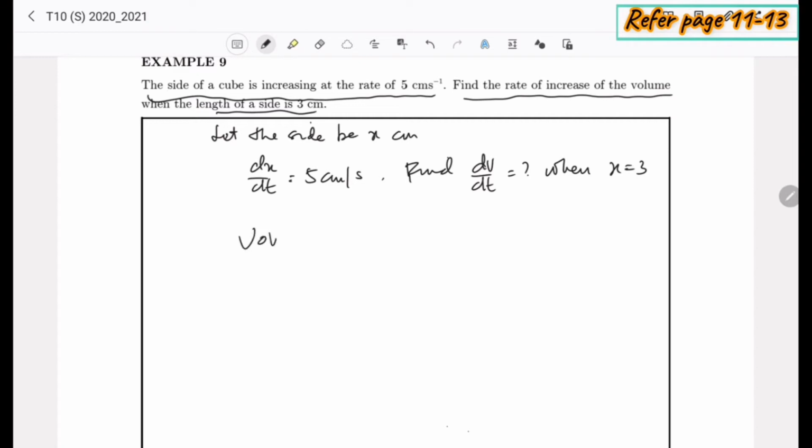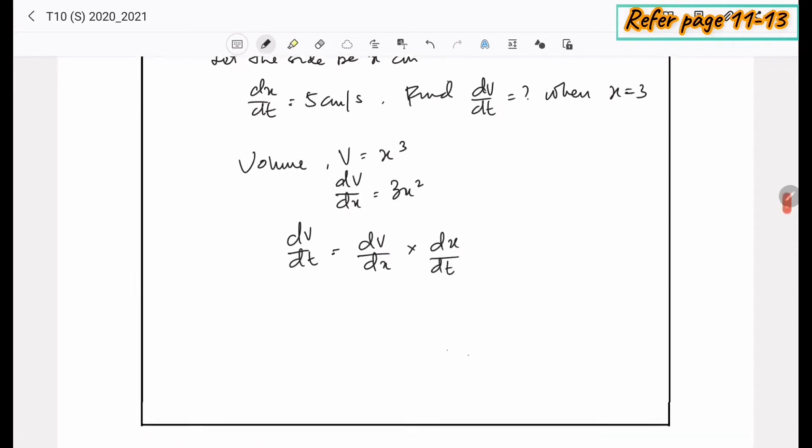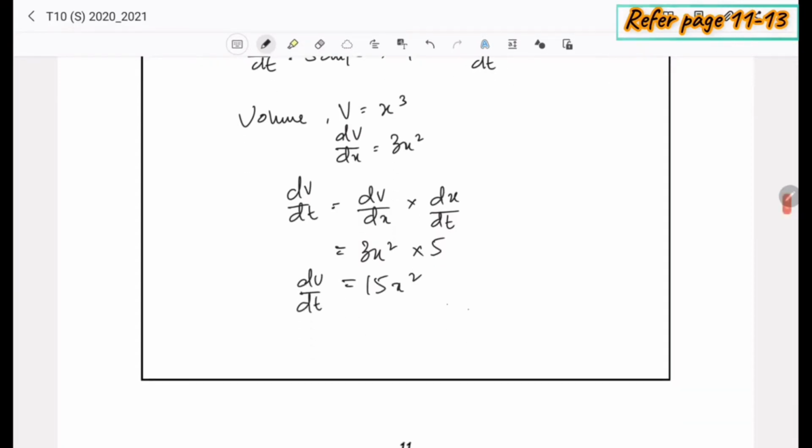So volume of a cube, V = x cubed, so dV/dx = 3x squared. So we want to find dV/dt, so that is dV/dx times dx/dt. So substitute 3x squared times 5, so we get 15x squared. So that is our dV/dt.